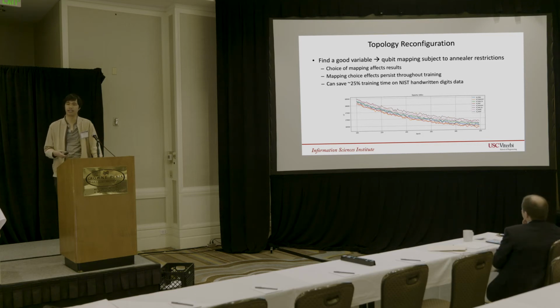So one of the observations we make is our choice of how to map Boltzmann machine variables to annealer qubits affects our Boltzmann machine performance, and that this performance impact persists throughout training. In our experiments, we trained Boltzmann machines on the NIST handwritten digits data.